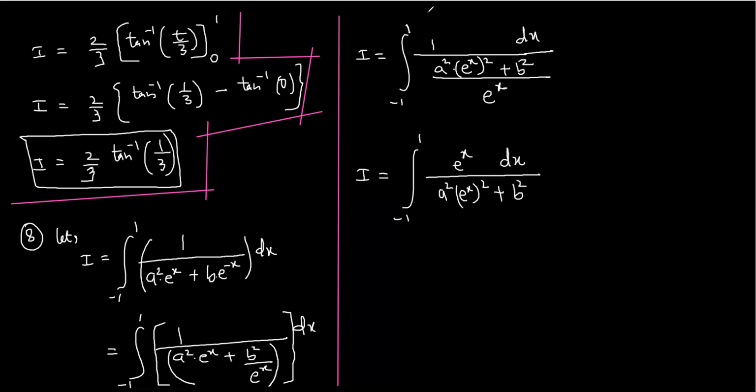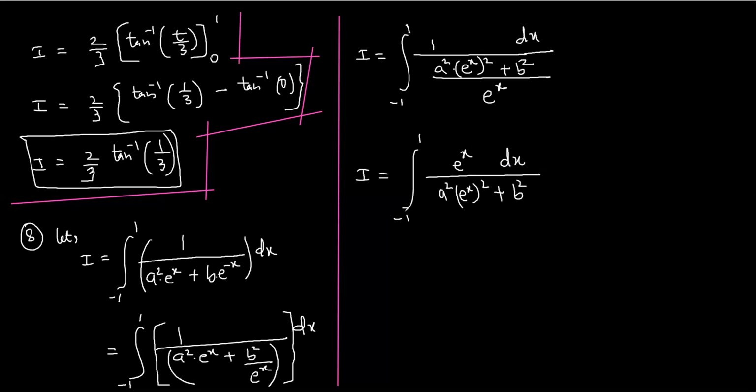Now it is time I go for substitution. So I put e raised to x as t. When I do that, after the derivative, I will get e raised to x dx as dt. Remember, always, whenever you are putting some part of the integrand as t, after the derivative, 99% of the time you would be getting something to resubstitute for.